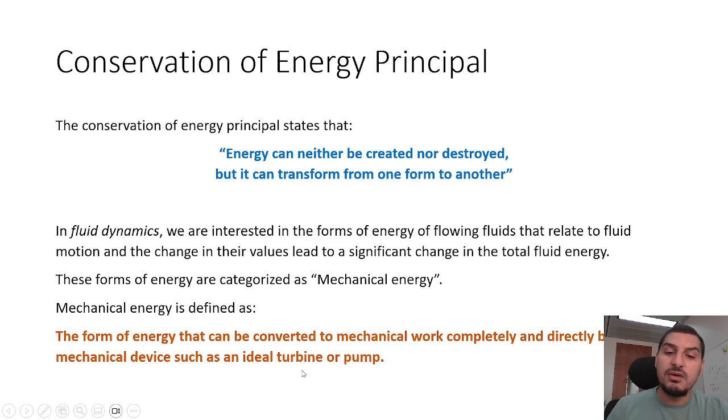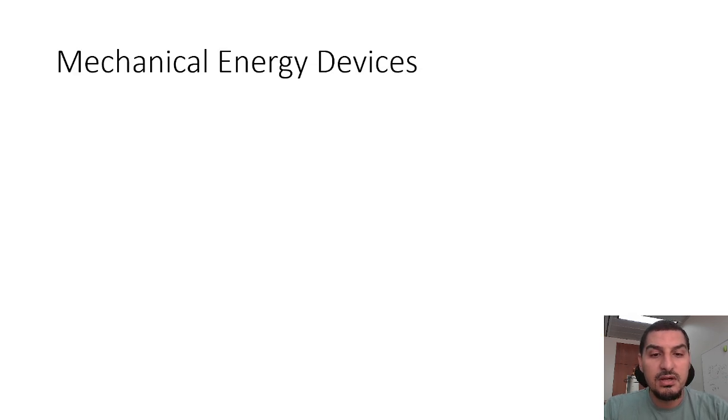I now want to discuss what we mean by turbine and pump, or mechanical devices in general. A mechanical device is a device that can convert mechanical energy into work. This is simply what we mean by a mechanical energy device.